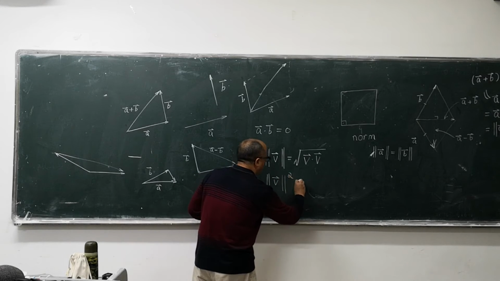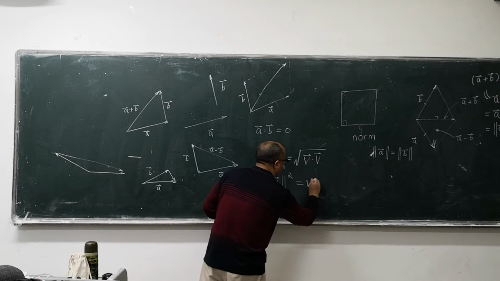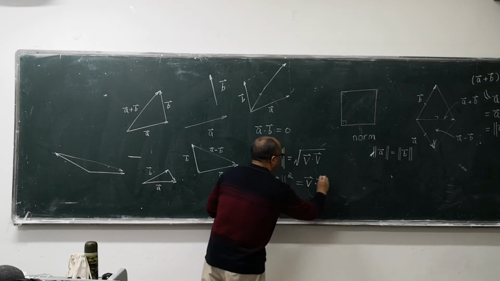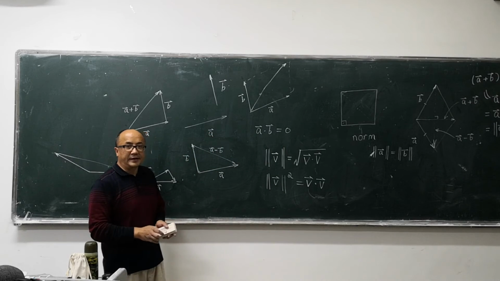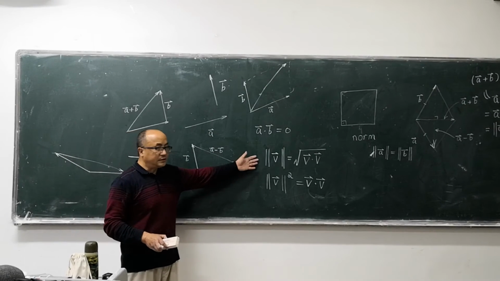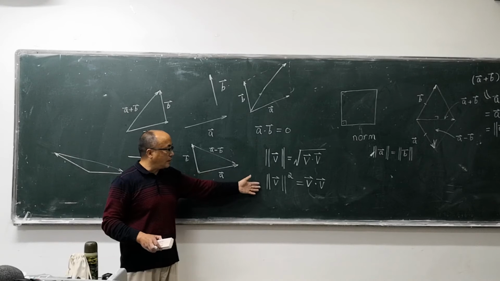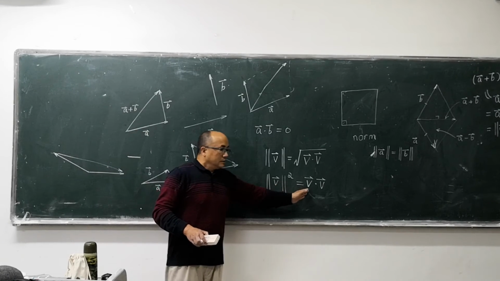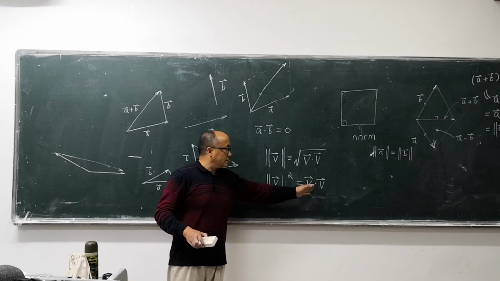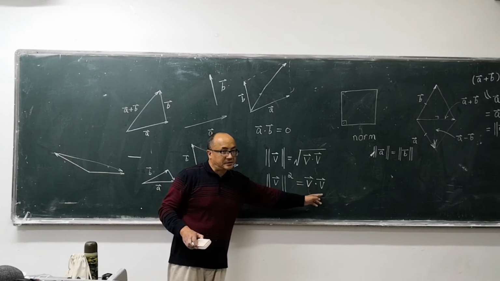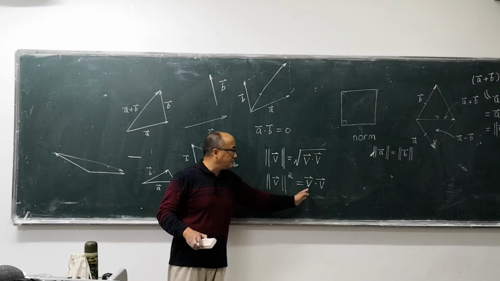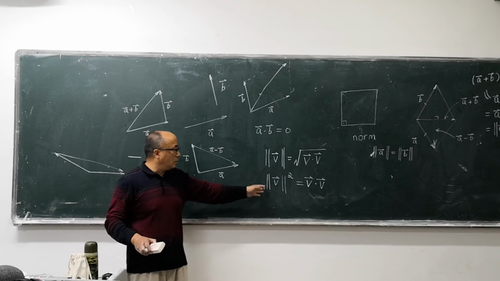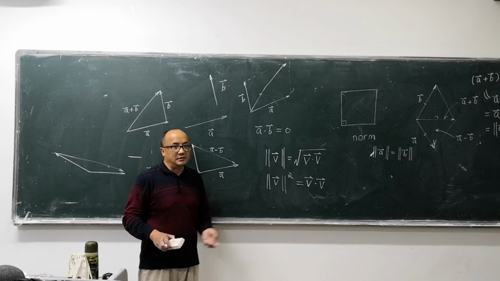These and these are the same thing, right? You take this square. A vector dot itself, a vector dot product itself, equals the distance squared.